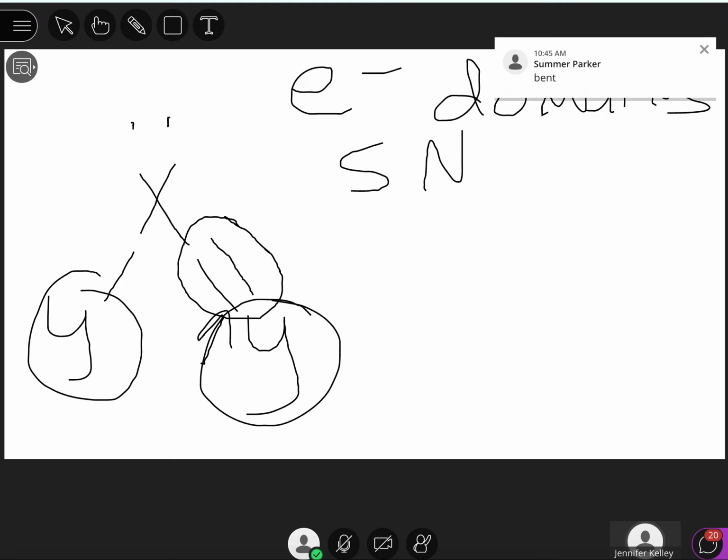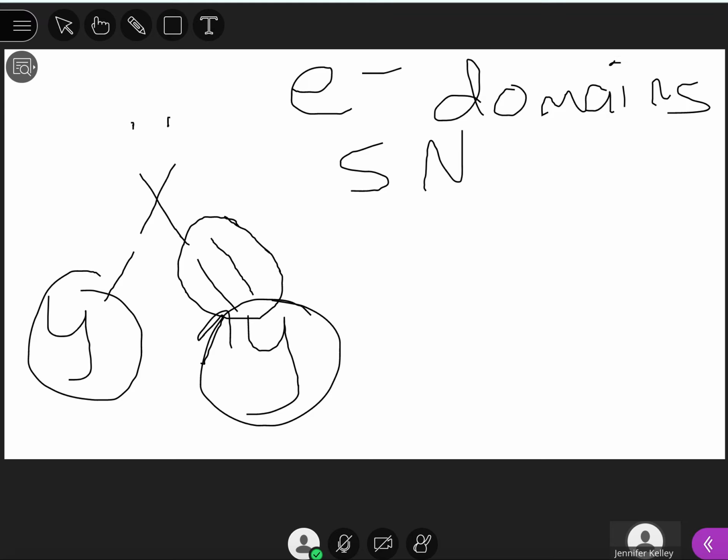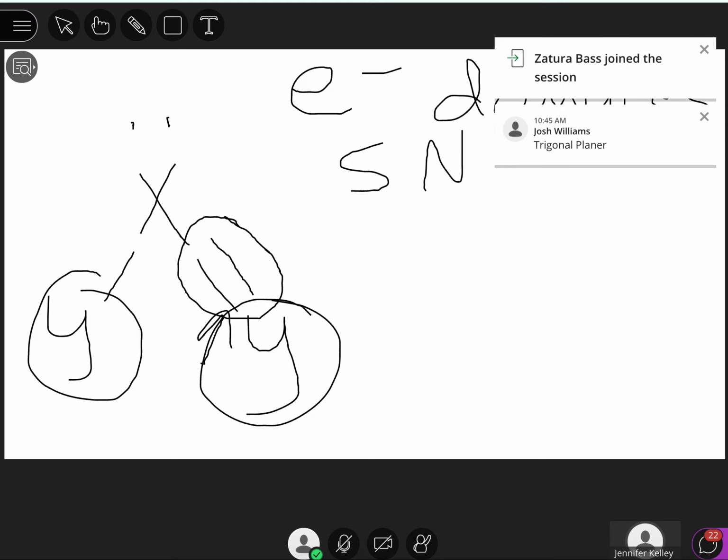So what was it on the last molecule? The molecular geometry is going to be bent. That's correct. The electron pair geometry is going to be trigonal planar, just like before.